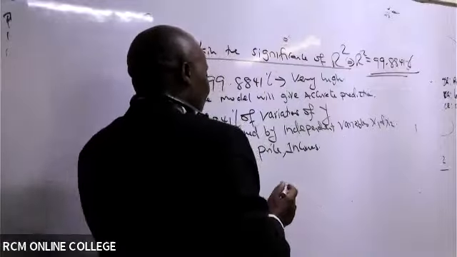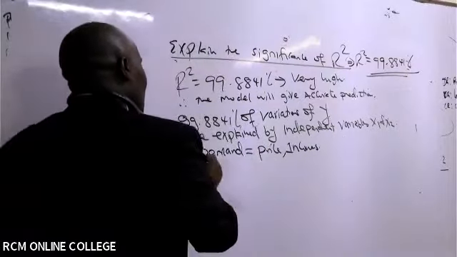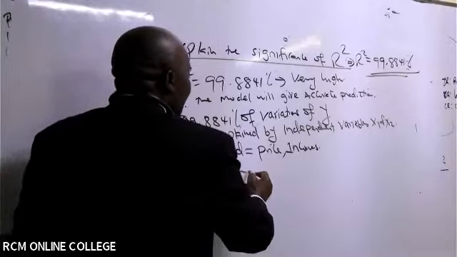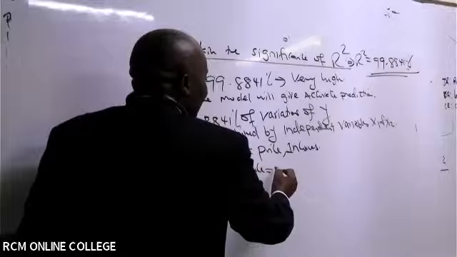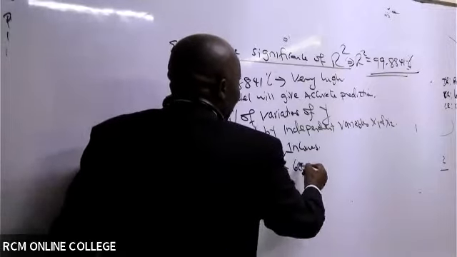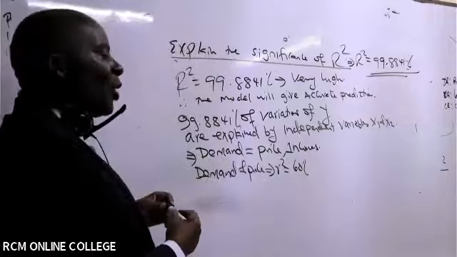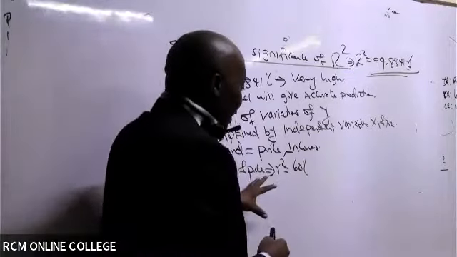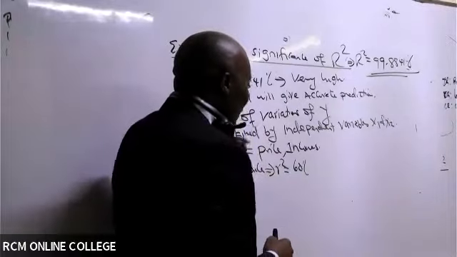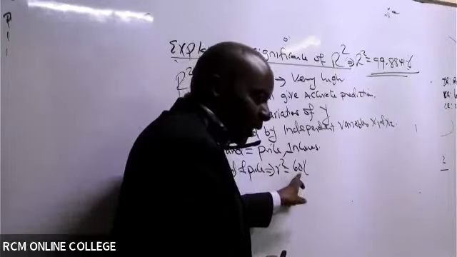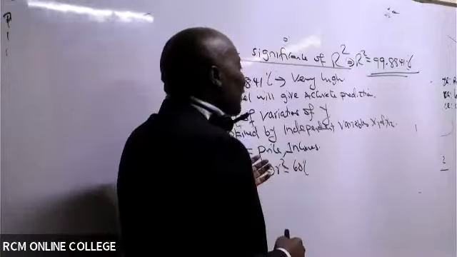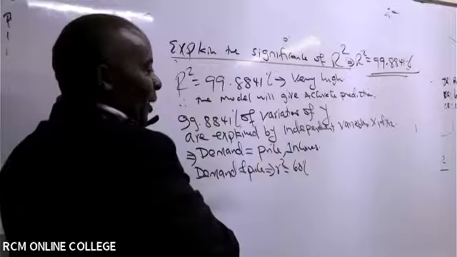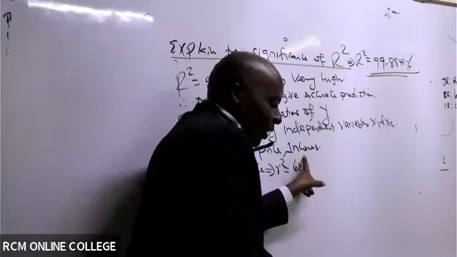Now, when you are doing your research, you can easily do research between demand and price, and then you get R squared of say 60%. What does this mean, my good students? It means that price here is only able to account for variations in demand up to 60%. So there are other factors that are not within the model, like income.